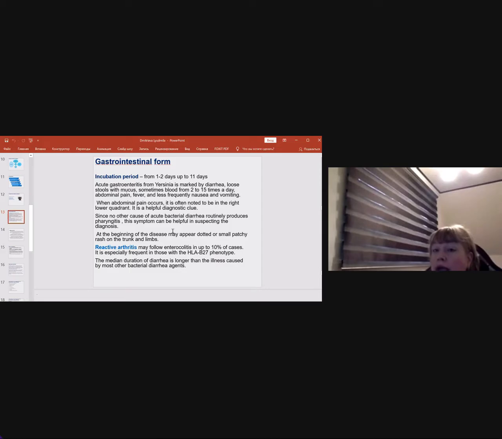Yes, localization of abdominal pain, pharyngitis, specific arthralgia, specific tongue, strawberry-like tongue. Yes. What else? Desquamation of the skin from the second week after the onset of disease. Yes, and all these signs are very important for confirming the diagnosis of the local form of yersiniosis.